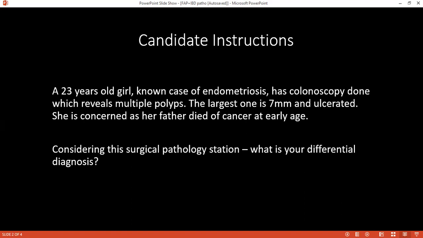Okay, so we can use mostly Duke's classification and TNM as well. Duke's classification can be Duke's A, B1, B2, C1, C2, and D. In A, tumor only invades the mucous membrane and not beyond the muscularis mucosa.